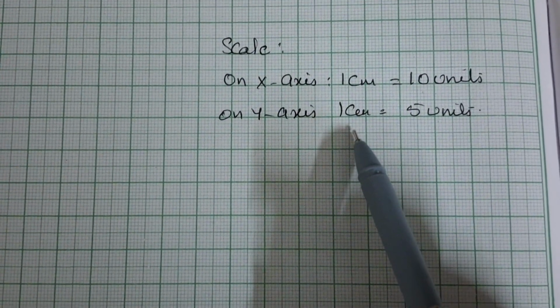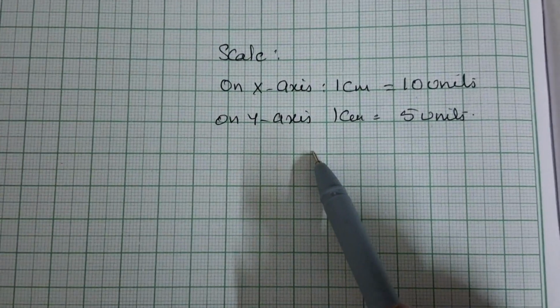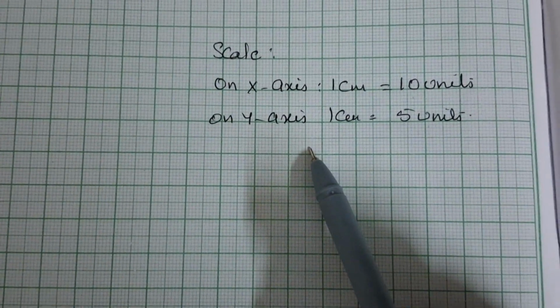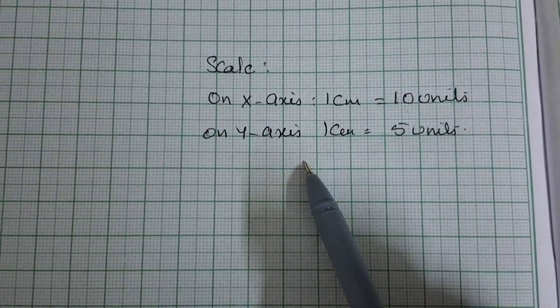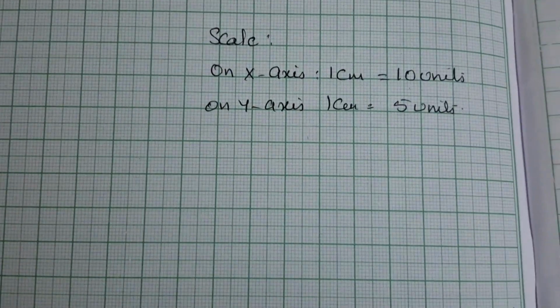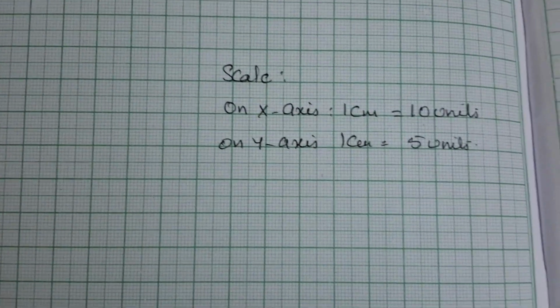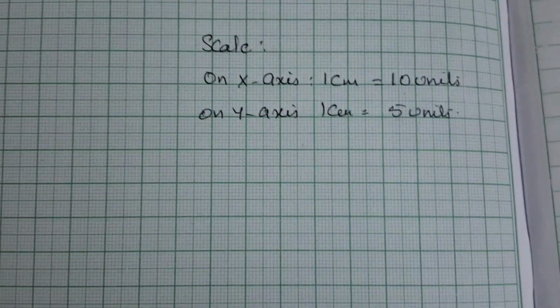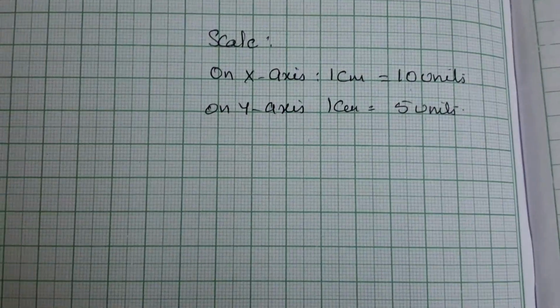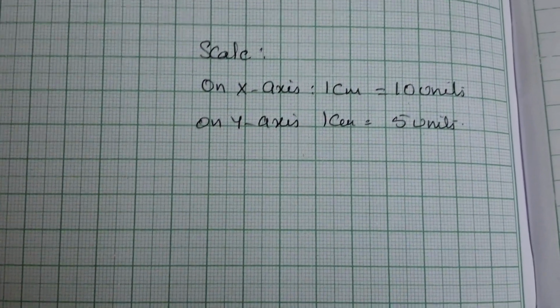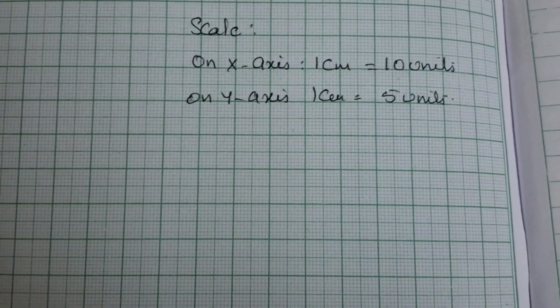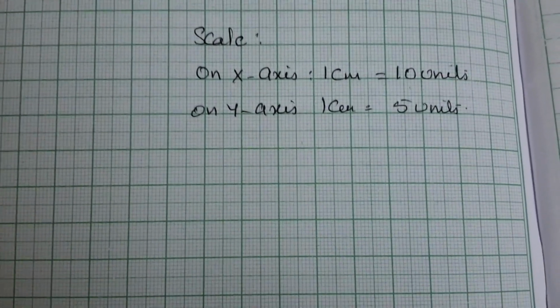This scale is very, very important. If you draw this graph without writing this scale, it will not give you any meaning, and you will lose marks also. So always remember that writing the scale is very, very important. So I have taken on the x-axis 1 centimeter as 10 units.